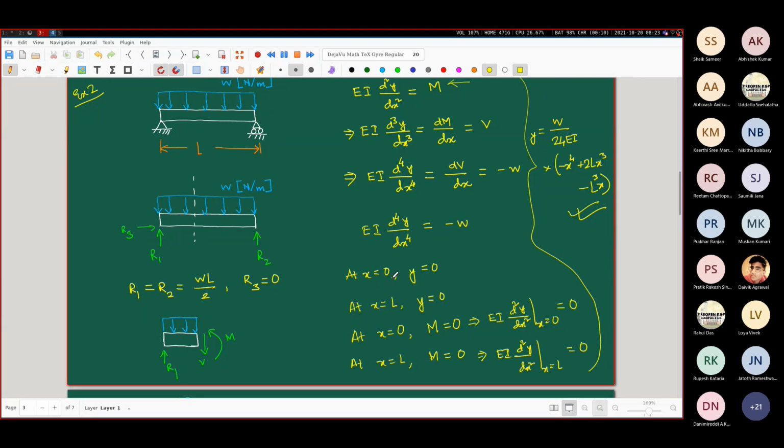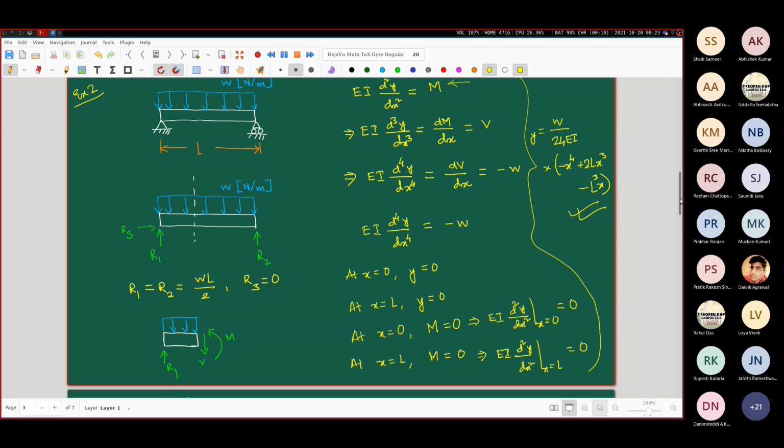There we used x equal to 0, y equal to 0, and x equal to L, y equal to 0. This same thing we are using now. And then for these two ends, we went on to use the M equal to 0 conditions. So if we can use these conditions there, surely we can use them in example 3, which we are currently doing. But there is a problem.